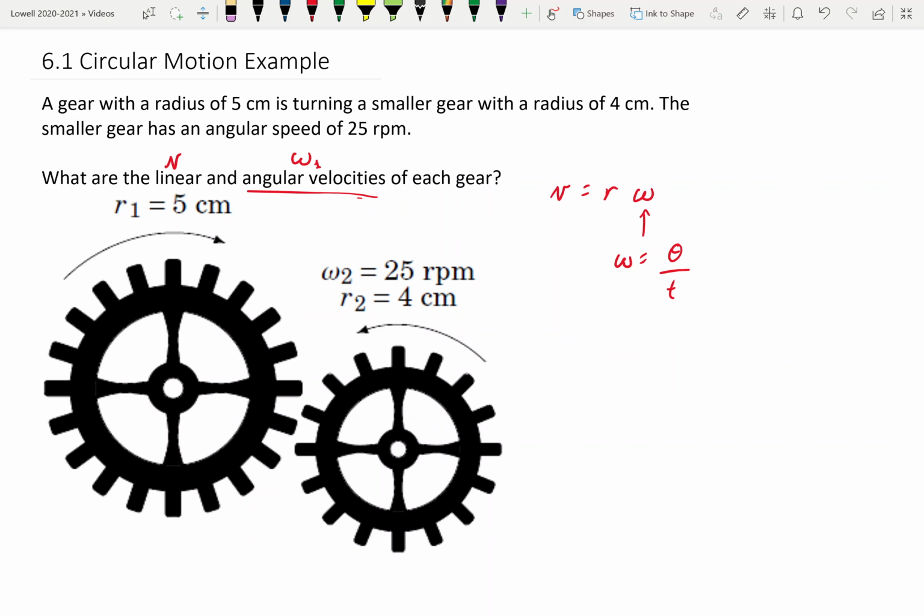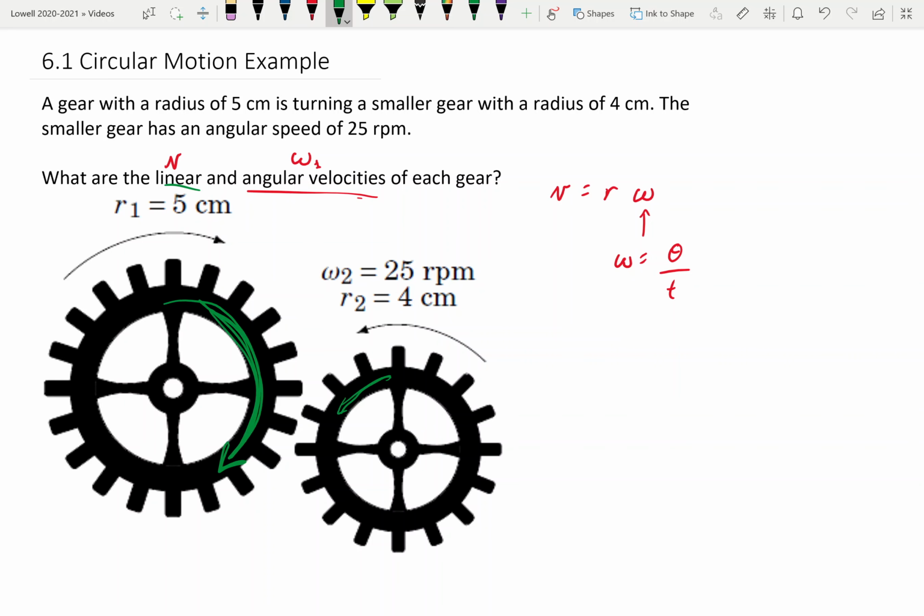If we instead look at the linear velocity, think about this. Pretend that these gears are closer and they're wedged between each other. If this gear on the left is turning a lot faster than this one, then our machine, whatever this is, maybe a function machine, is actually going to break.